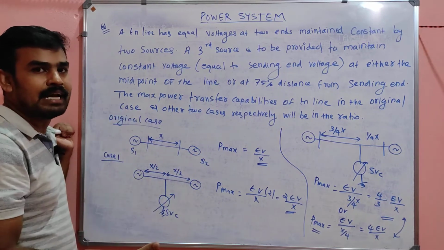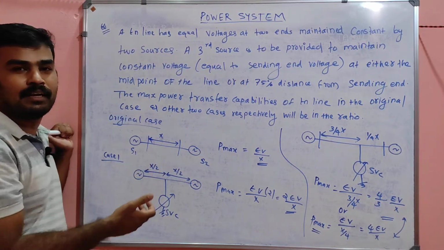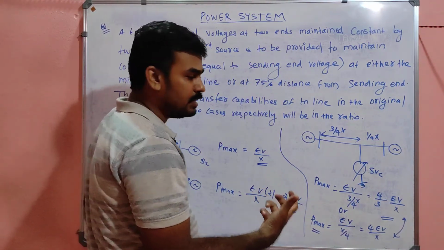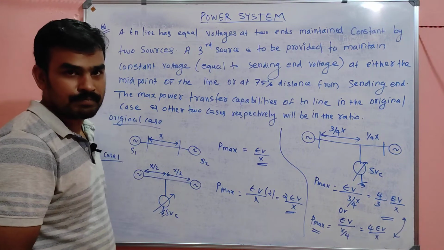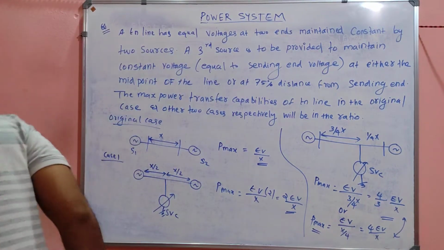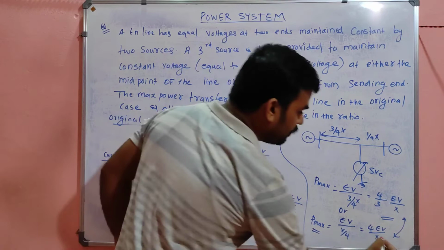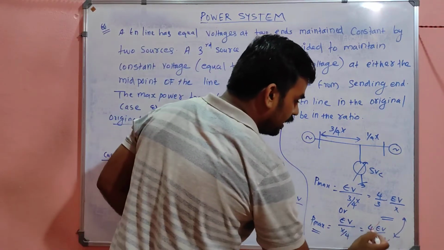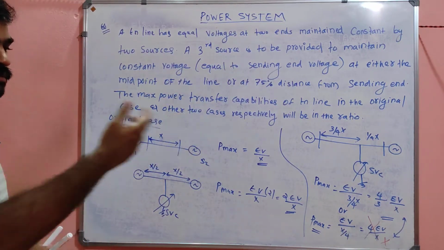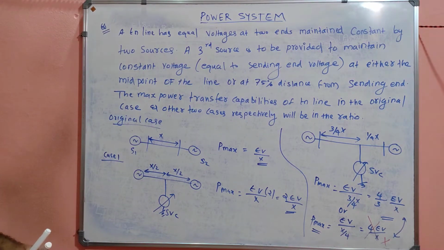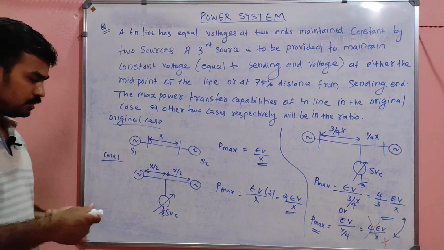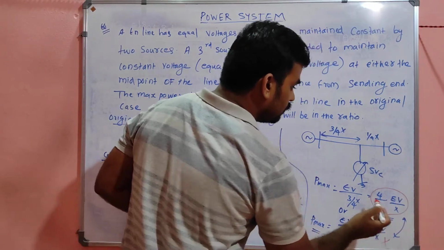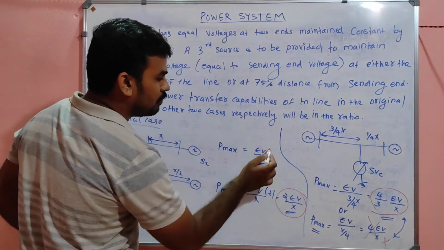If the 4 times power handling capacity will not be carried by this transmission line, always prefer lower values of maximum power transmission capability. So we don't want to choose this 4EV by X, it can be avoided, because 4 times power handling capacity is not at all a good thing. We have to take only these values.